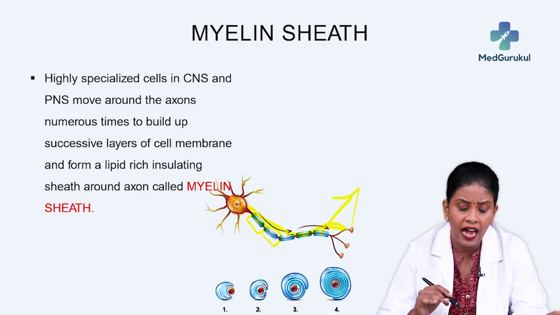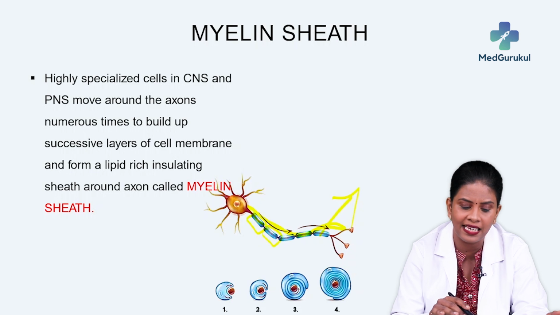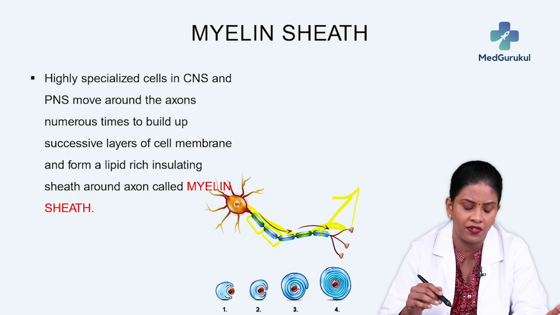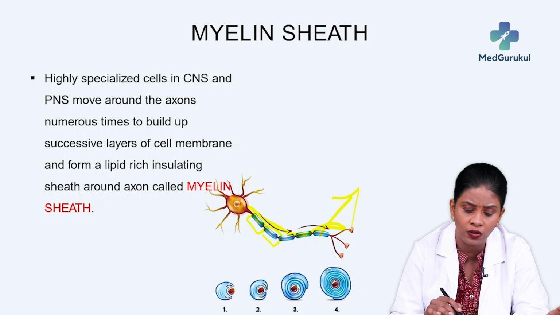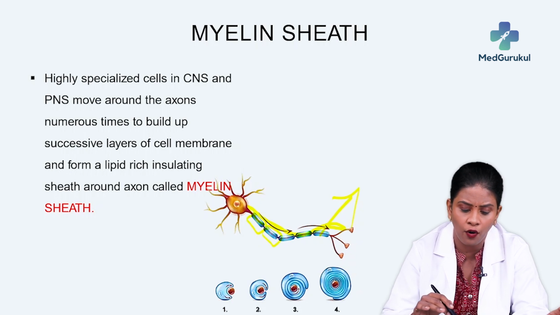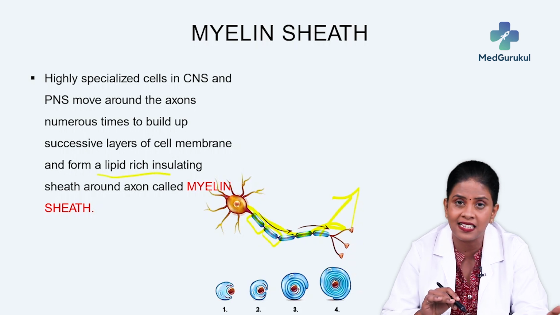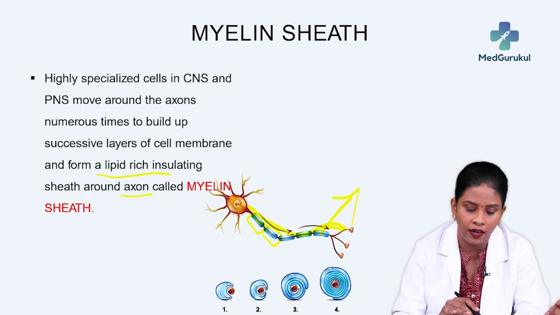Highly specialized cells in the CNS and the PNS, the central nervous system and the peripheral nervous system, run around the axons. They form numerous layers around the axon, which is rich in lipid and acts as an insulating sheath around the axon. That is the myelin sheath.